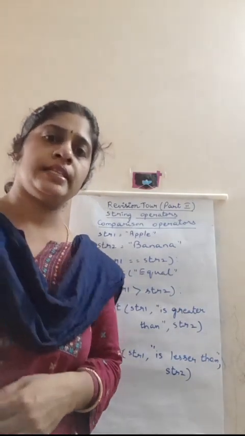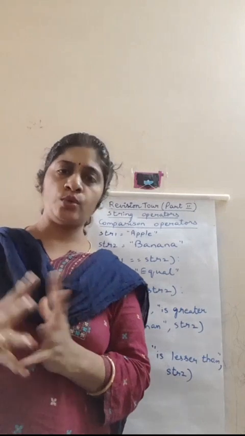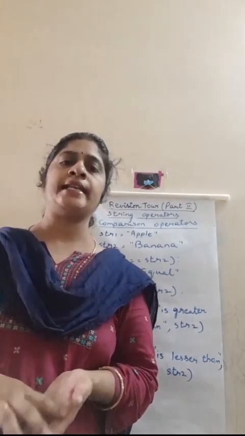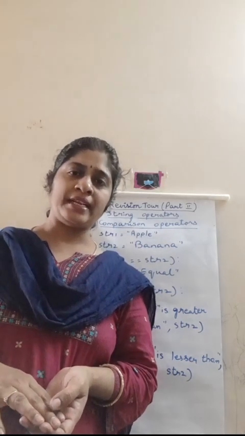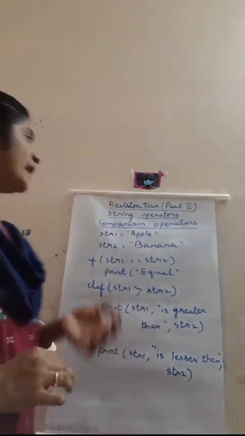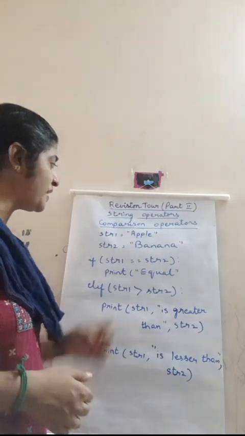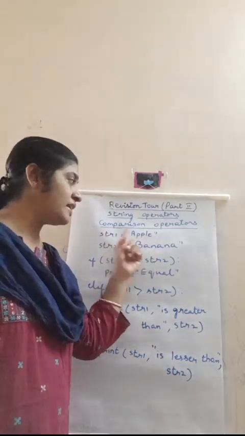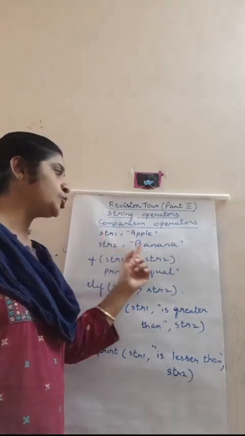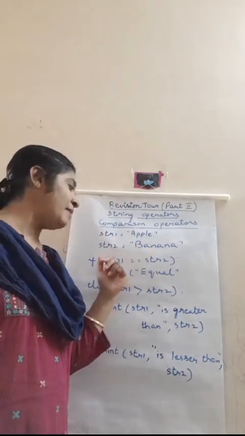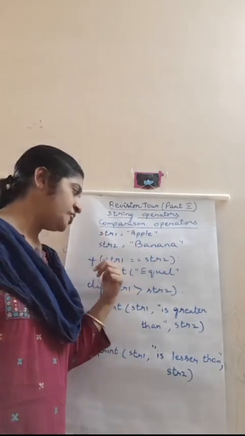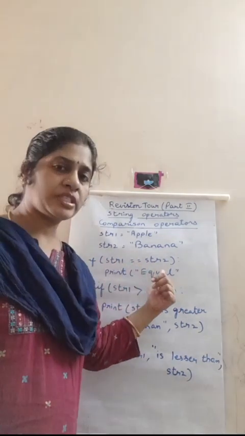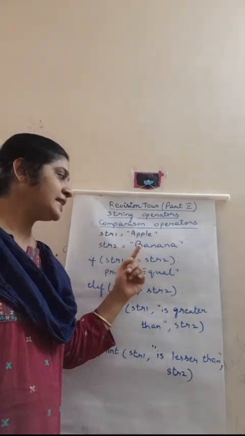Now we will see how to compare two strings using the comparison operators equal to, greater than and lesser than on strings. Now I have string 1 equal to apple and string 2 equal to banana. I am going to compare if string 1 is equal to string 2, apple equal to banana.